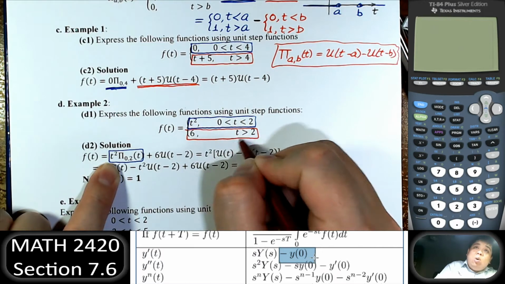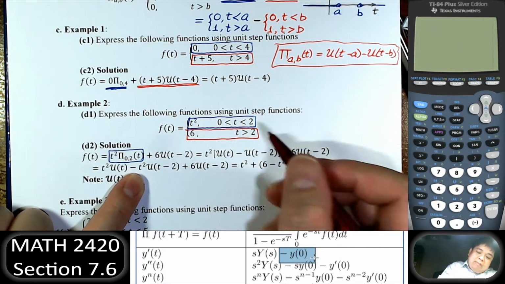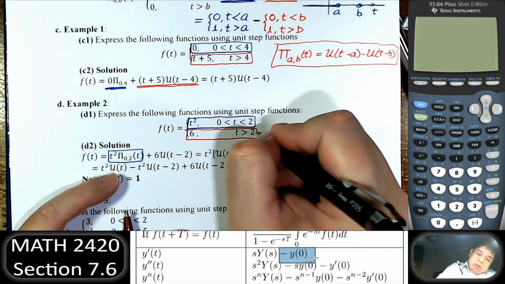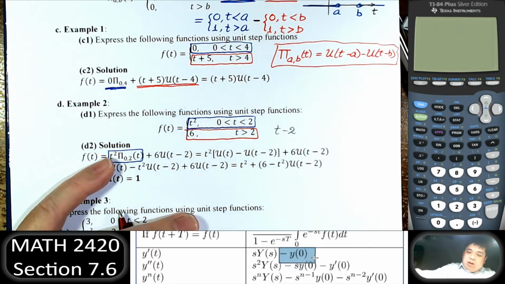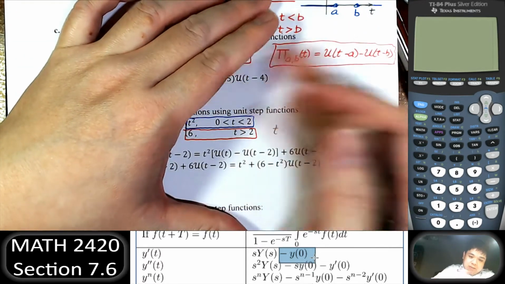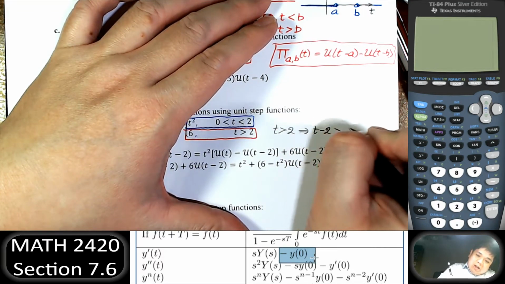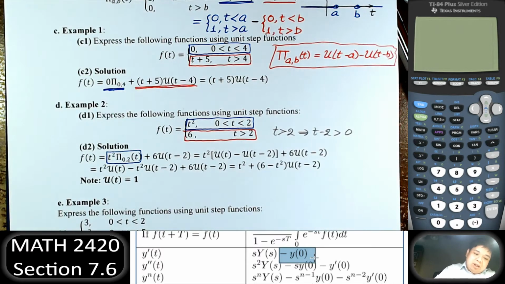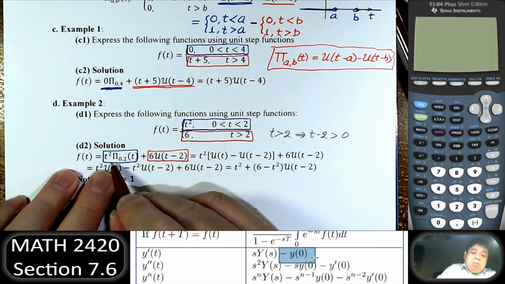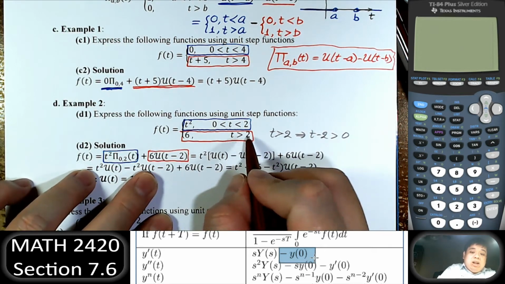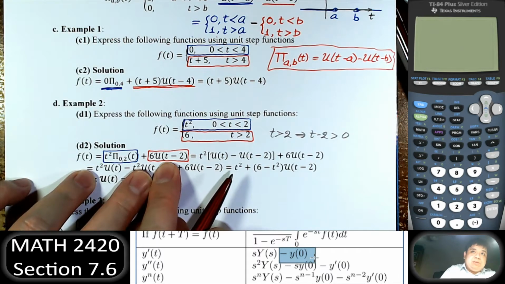If it is greater than only, we're going to use u of t minus whatever that number is, because t greater than 2 is equivalent to t minus 2 greater than 0. So we just have that function here, right? So if it is between two numbers, use the window function. If it's just greater than, move that to the other side, and we use the unit step function, right?